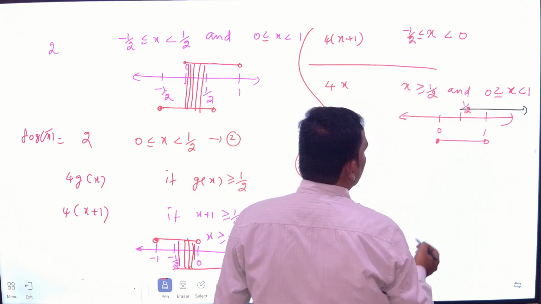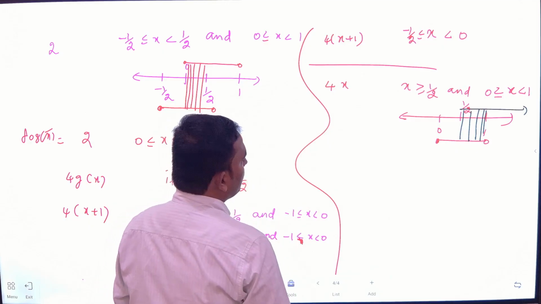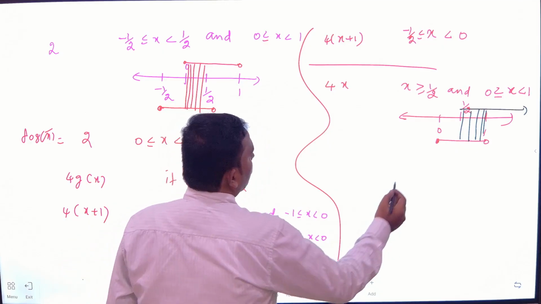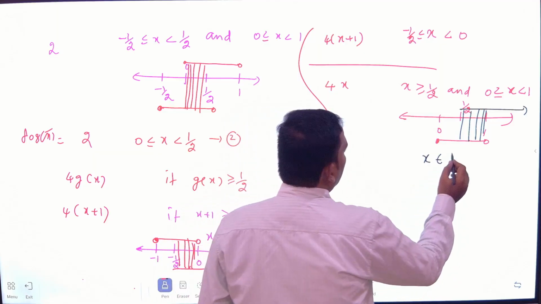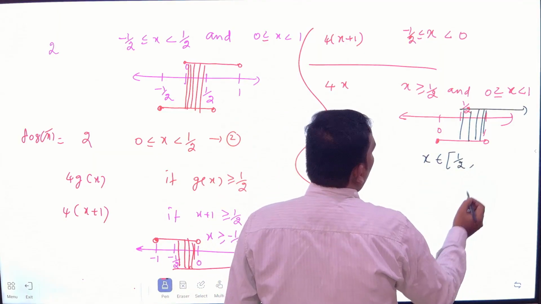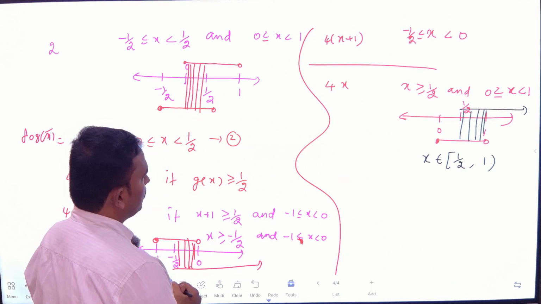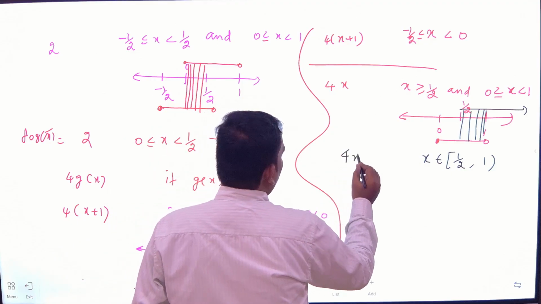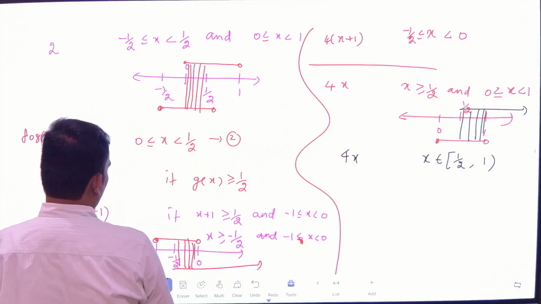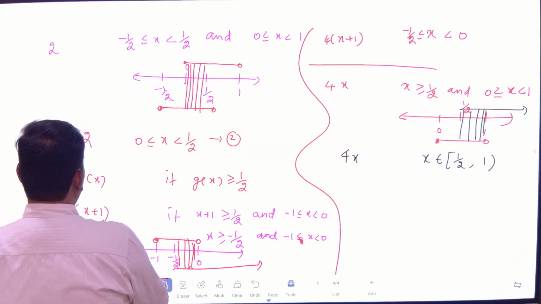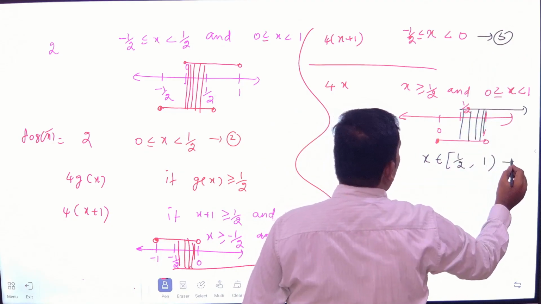Which is common? 1 by 2 to 1 is common. So x belongs to 1 by 2 included, to 1. Is it correct? Yes. So this is 4x. So this is 2, this is 3, this is 4.